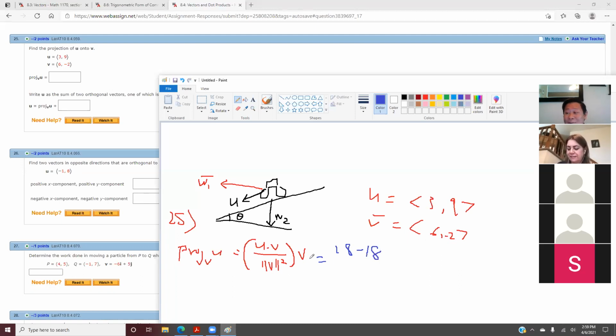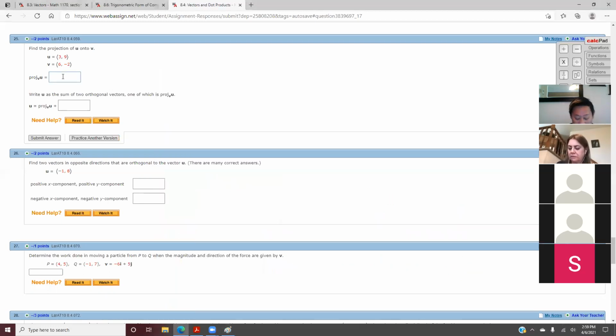So this is very easy because you do not need to find the rest of it, because 18 minus 18 is 0, and 0 divided by anything is 0. So your answer in this case will be 0. But do not forget, this is a vector V, so it is in vector form. So your answer in this case is 0, 0, or if you want to write it like what we did last time, it's the same thing.